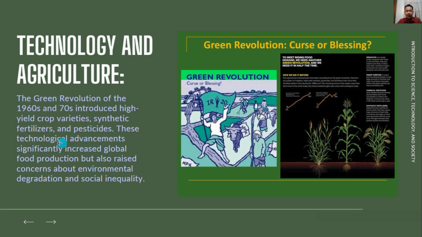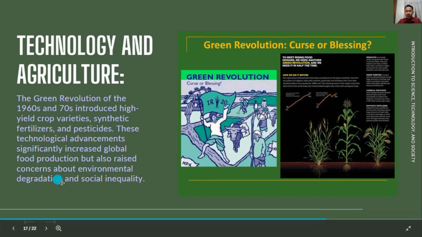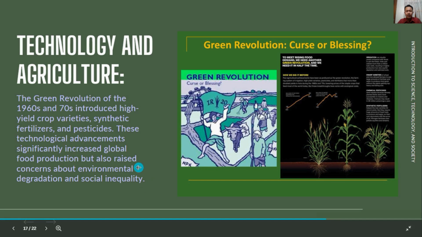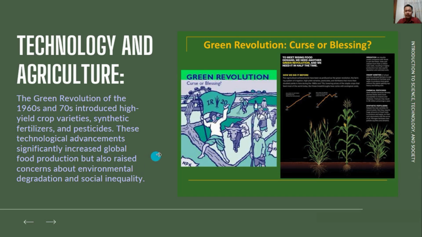These technological advancements significantly increased global food production, but also raised concerns about environmental degradation and social inequality.